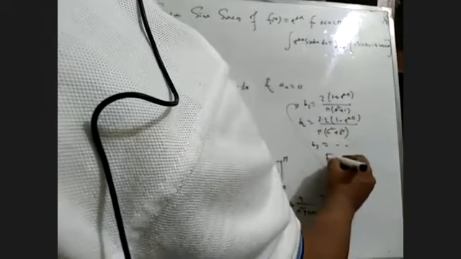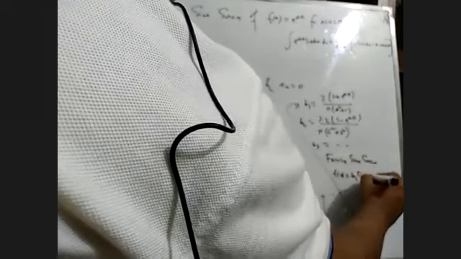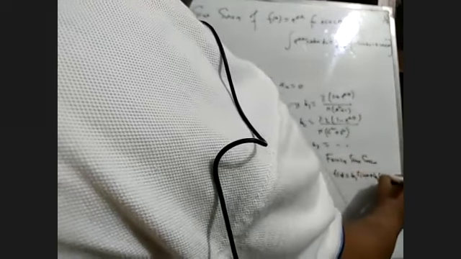You can then find the Fourier sine series. F of x equals B1 sin x plus B2 sin 2x plus B3 sin 3x plus dot dot.